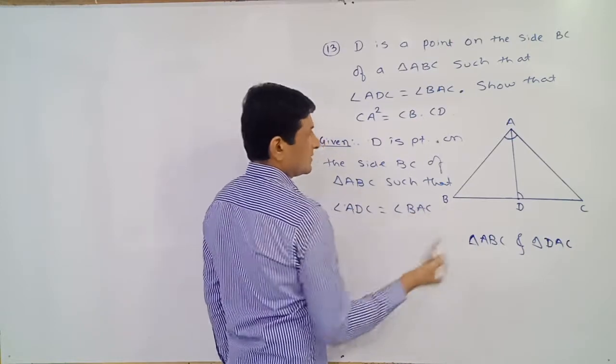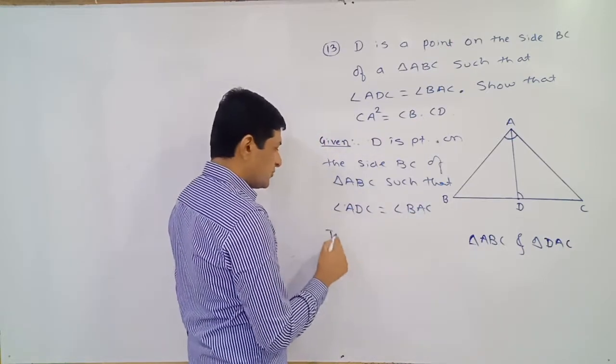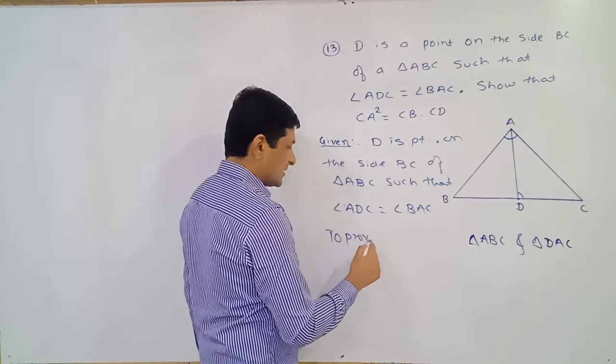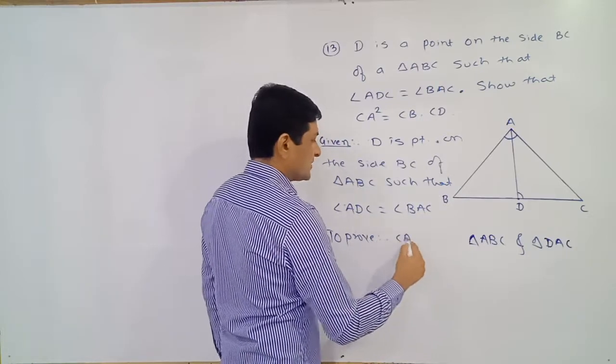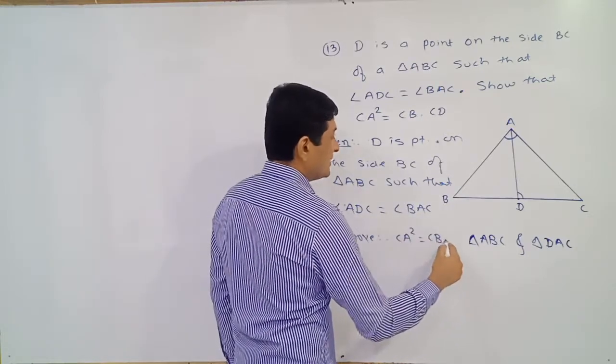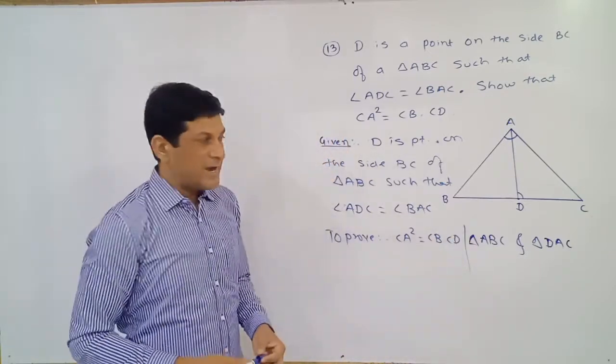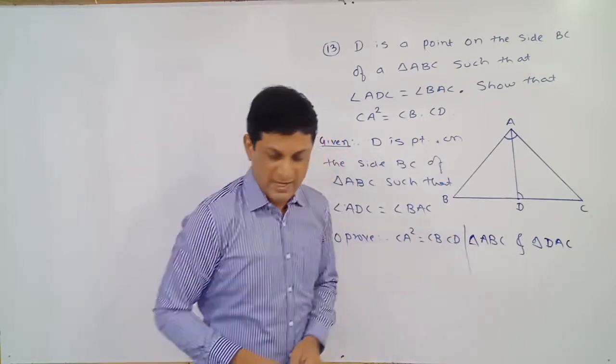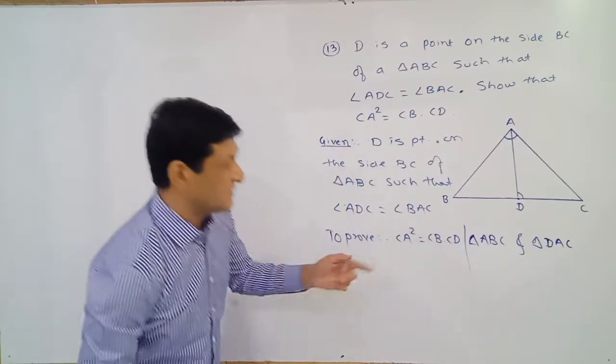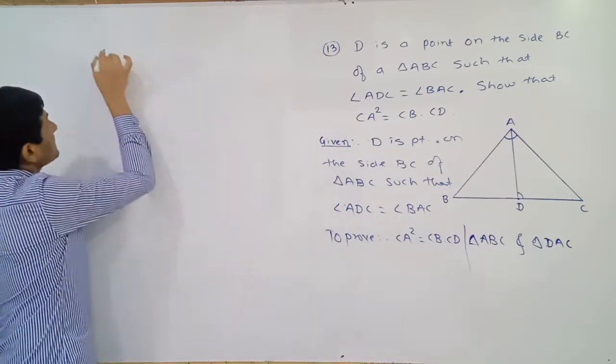Using this, we have to prove that CA square is equal to CB into CD. Okay. Now to get our required result, we have to show that these two triangles are similar. So let us consider these two triangles. Now proof.